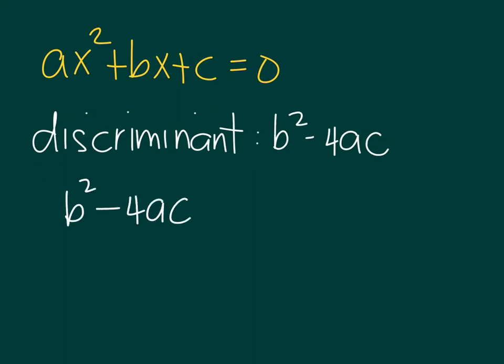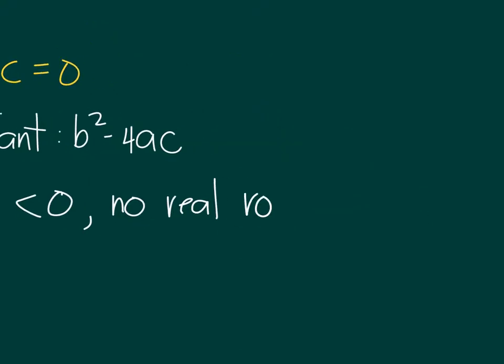When b squared minus 4ac is less than 0, a negative number, we say we have no real roots. But it's possible that you have roots, except that those roots are not real, meaning they could be imaginary numbers. That's a totally different set of numbers from the set of real numbers.